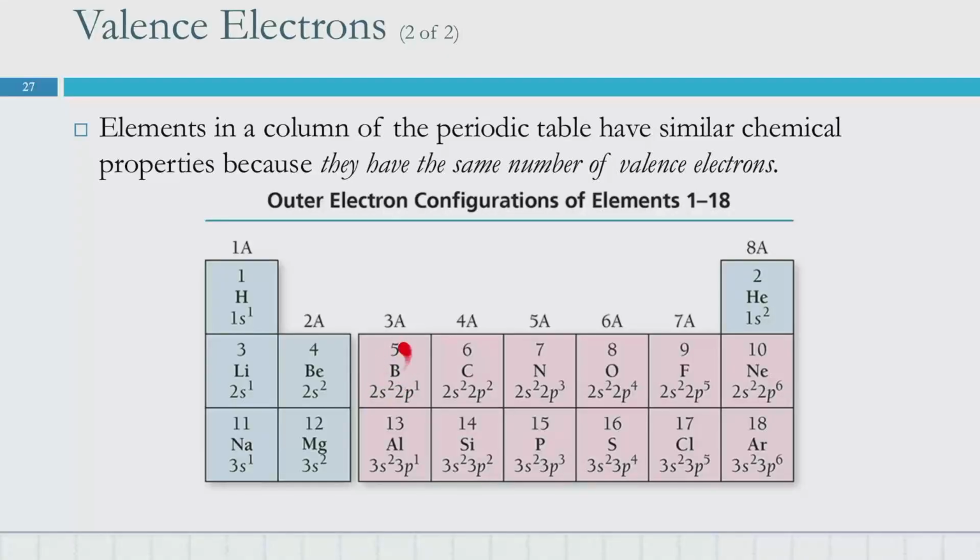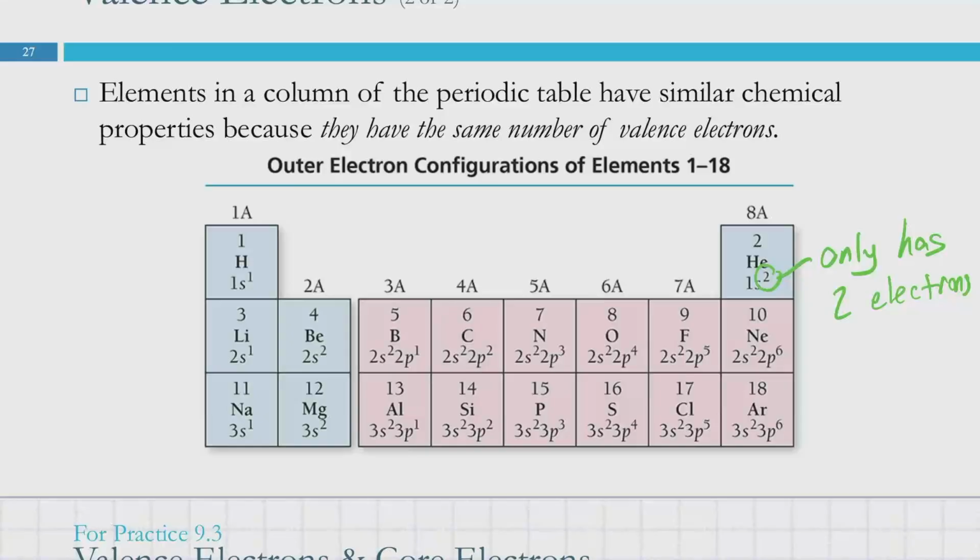And so for boron, we've got 2s2, 2p1, add one more when we get to carbon, and so we can see we've got the same number of valence electrons in these different columns. Helium is our one weird exception. Helium only has 2 electrons. So that one's a little bit of an oddball.